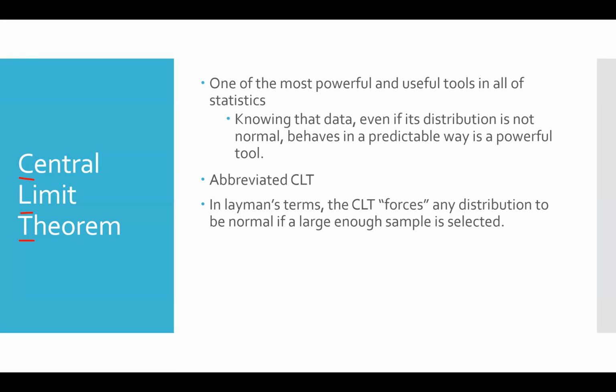Basically, in everyday terms that hopefully you can understand, the central limit theorem forces any distribution, whether it's a binomial distribution, a uniform distribution, an exponential distribution, any distribution, even if I don't know what distribution it is, even if it's an unknown distribution, the central limit theorem forces it to be normal if I have a large enough sample.